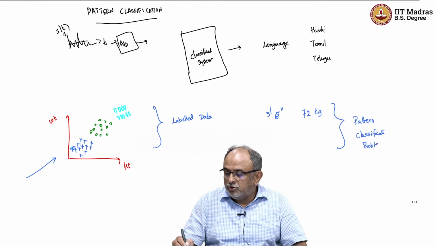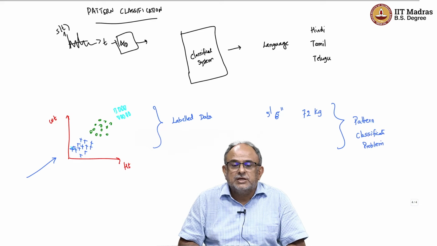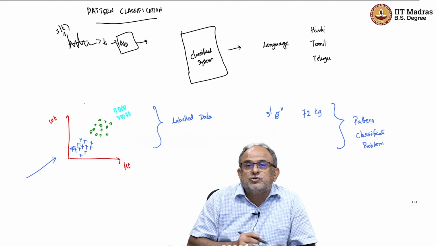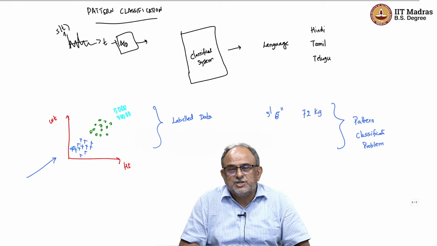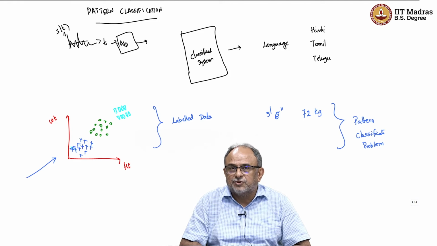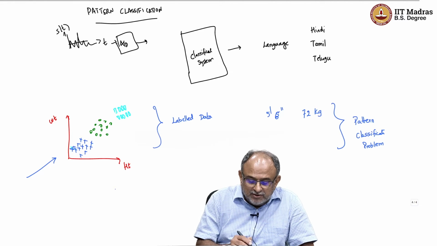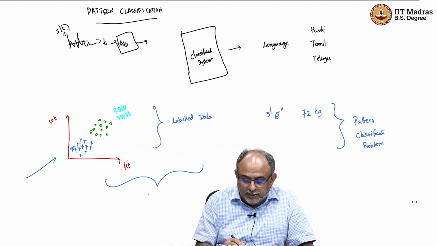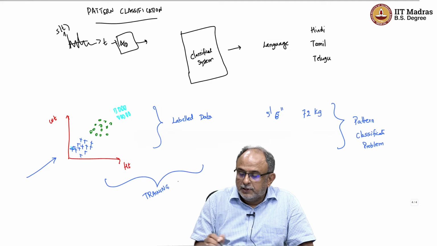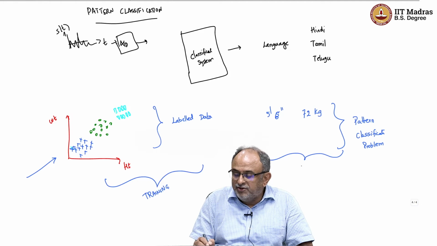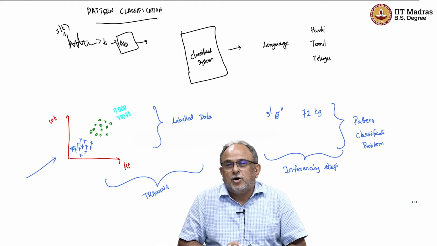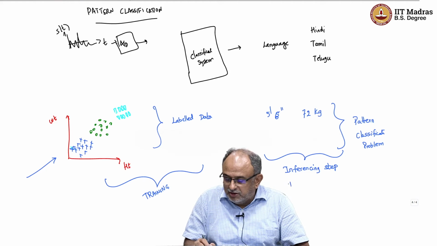Right. So there are two steps in any of these machine learning ideas or pattern classification problems. One is called the training step. The other is called the inferencing step, or the testing step or evaluation or whatever you want.